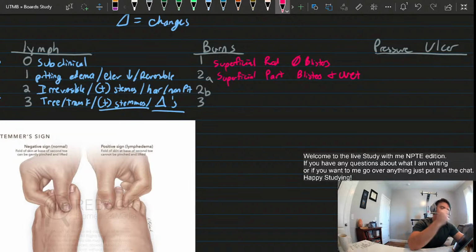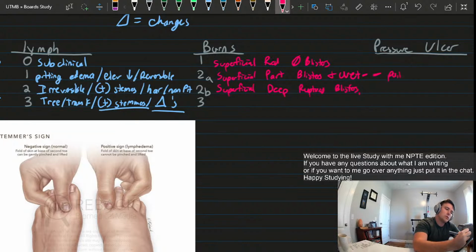I know that they don't really describe it like that. They either say first degree, second degree, third degree burns, and then some references say superficial partial thickness, superficial deep. So this is only the top layer of the dermis, I think, and then this is the lower level of the dermis.